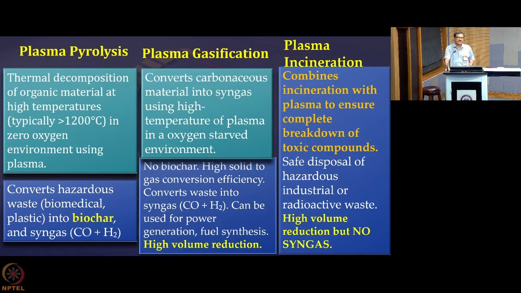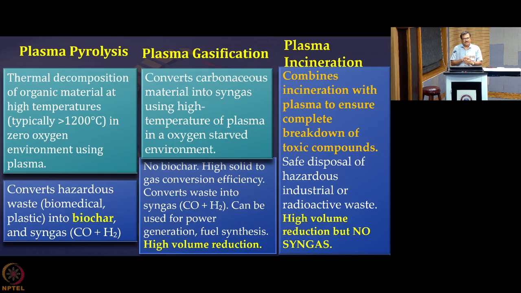So, complete volume reduction is not possible if you are going for this plasma pyrolysis, where you are supplying zero oxygen from outside. Then comes the plasma gasification, where you are supplying a limited amount of oxygen. So, the C that was there is now converted almost fully to CO. Now volume reduction is complete because all of it has been converted to gaseous product, but the gaseous product now mainly consists of CO and H2, which forms the fuel gas called syngas.